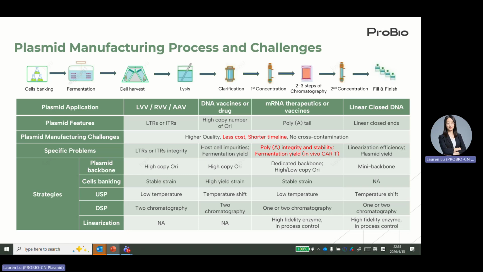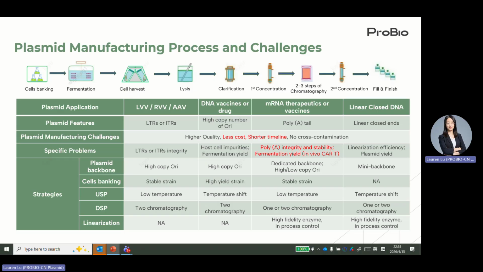Also, due to the different scenarios, there are different demands in high yield and low cost. Because today's topic is about mRNA template plasmid, I'm going to focus on the key challenges for the mRNA template plasmid.